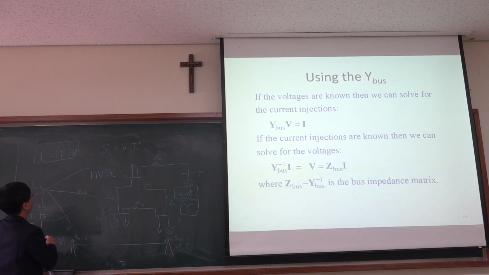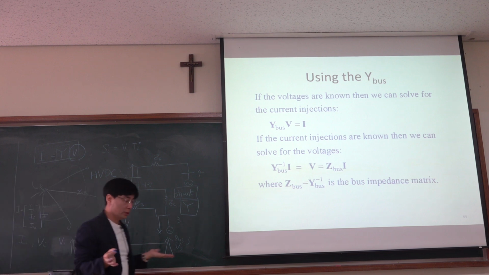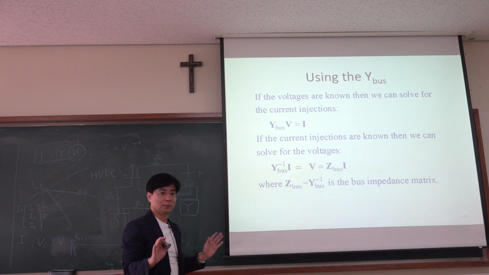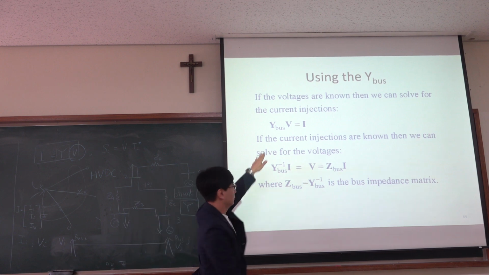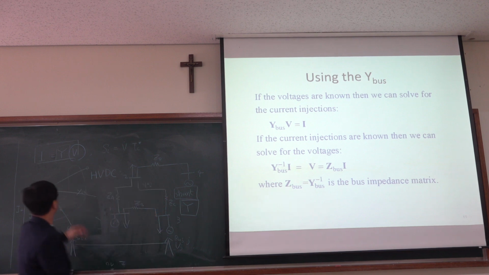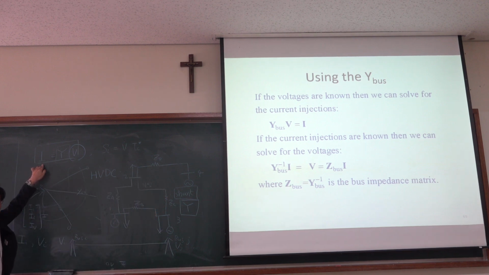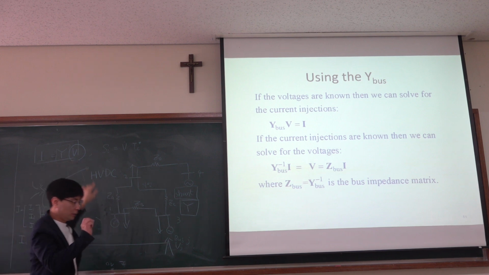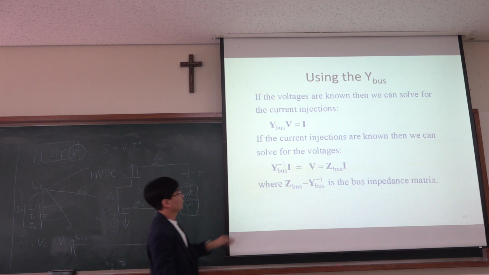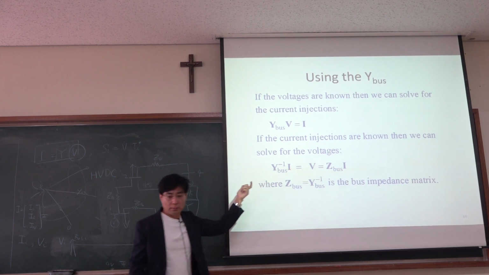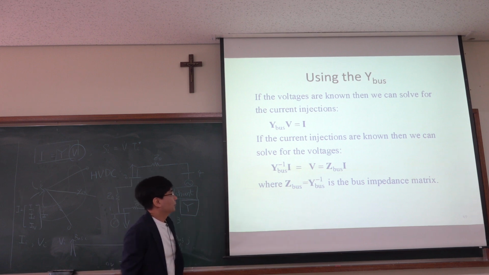If we know this complex voltage, then everything is determined. Done. Using this linear equation. Similarly, if we know all the injected currents at every node, then the complex voltage at each node is simply computed by taking the inverse of the bus admittance matrix, obviously.